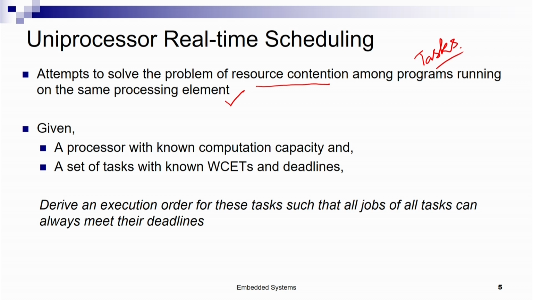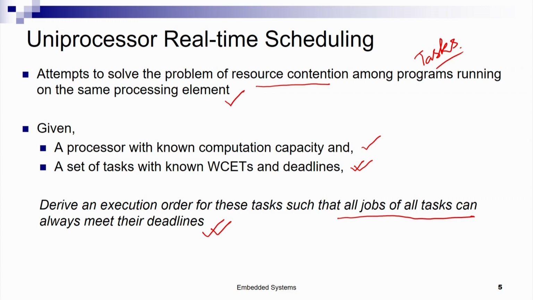Given a processor with known computation capacity and a set of tasks with known worst case execution times and deadlines, derive an execution order of these tasks such that all jobs of all tasks can always meet their deadlines. This is the definition of what we want to achieve.